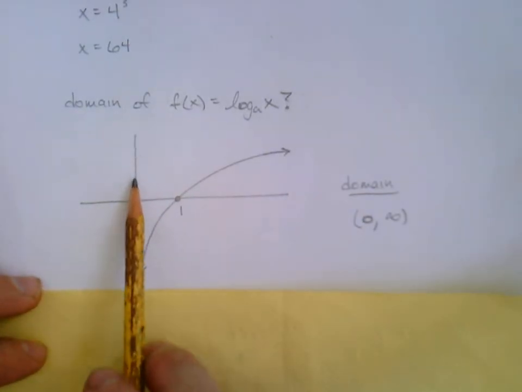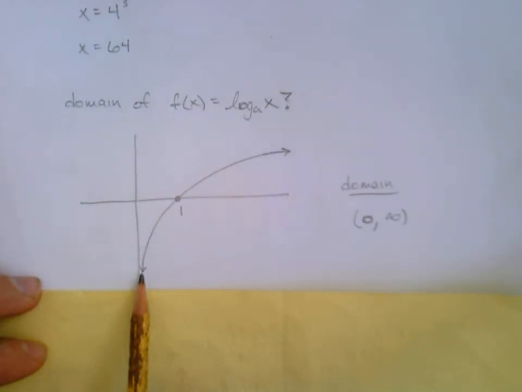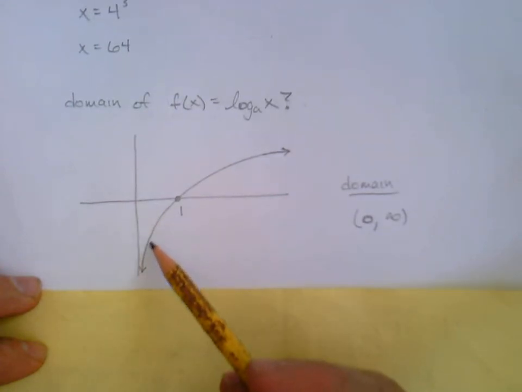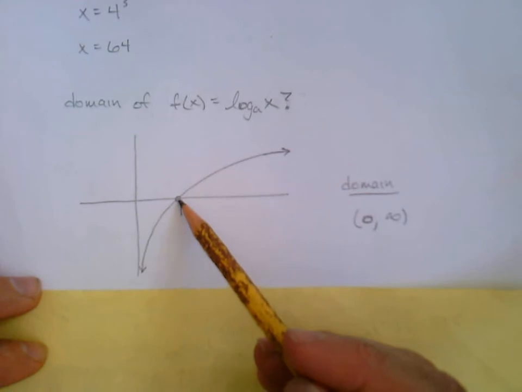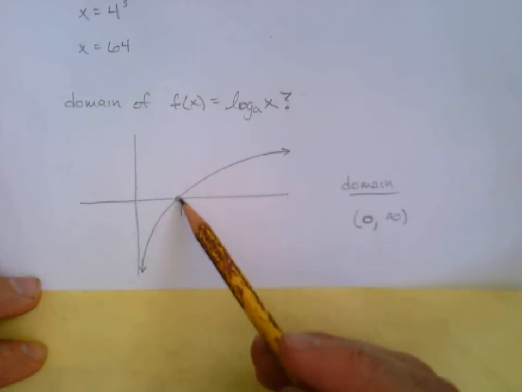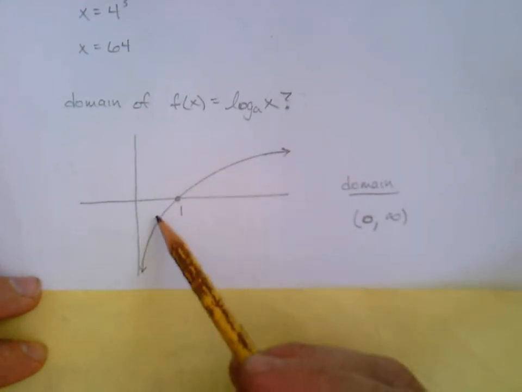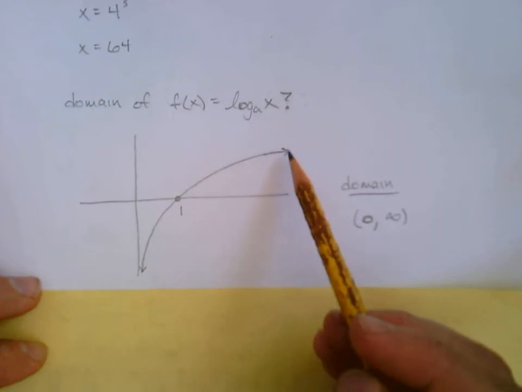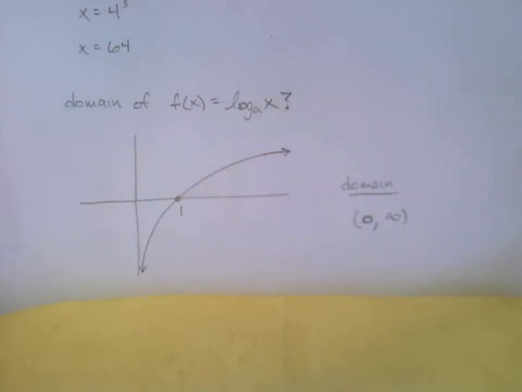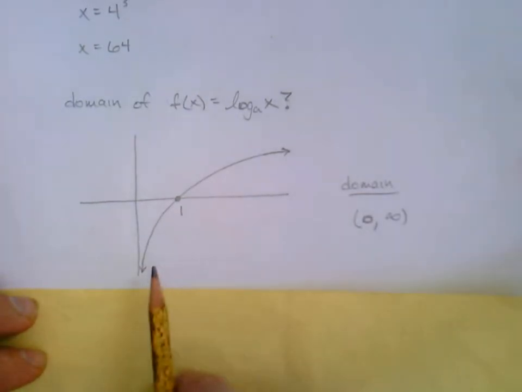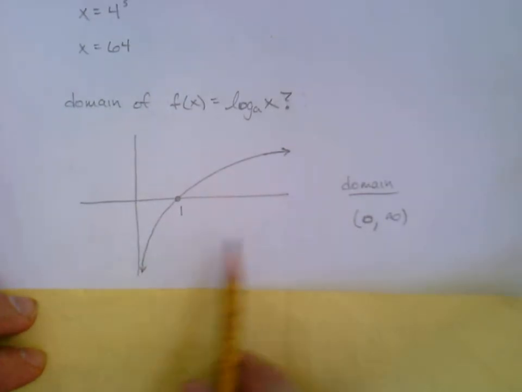There's always this vertical asymptote happening at 0, and the log will approach negative infinity from this side. As it comes up, it's always going to pass through 1 and then continue up, and although it appears to level off, it does increase forever. So thinking of the domain, any logarithm has the domain from 0, not including 0, to infinity, just the positive numbers.